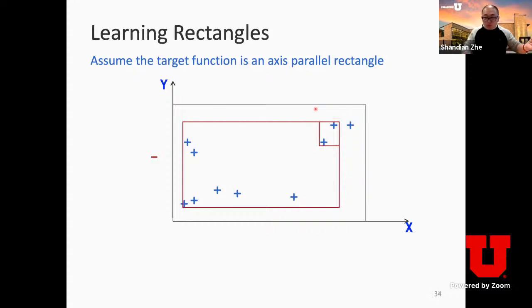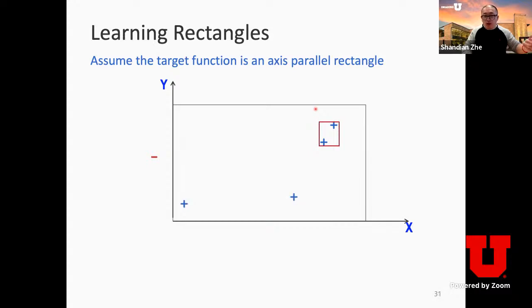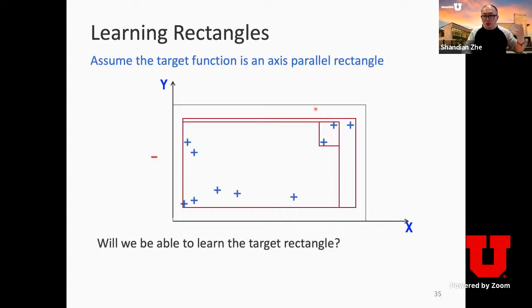From this learning result we have shown, by adding 2 examples, we get an enlarged rectangle closer to the target function, and adding more and more, we are getting closer. Intuitively, even if you have an infinite hypothesis space, we're still approaching the target function. We believe that it will indeed converge to the target function if we add more and more training examples.